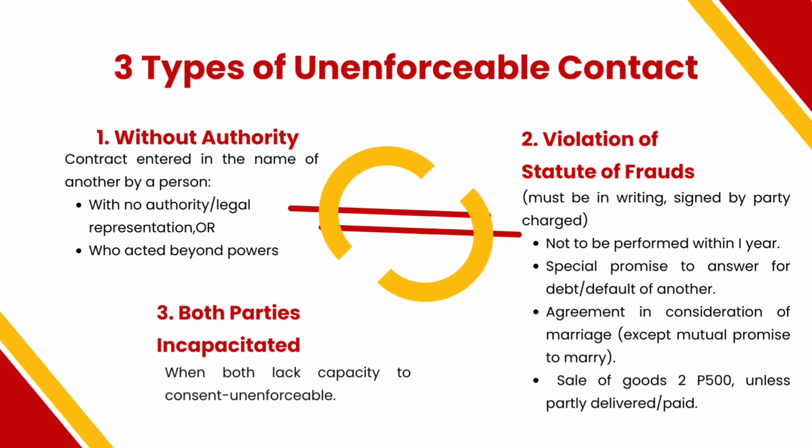Violation of the statute of frauds, which must be in writing, signed by the party charged: agreements not to be performed within 1 year; special promise to answer for the debt or default of another; agreement in consideration of marriage, except mutual promise to marry; sale of goods over P500 unless partly delivered or paid. 3. Both parties incapacitated, when both lack capacity to consent.